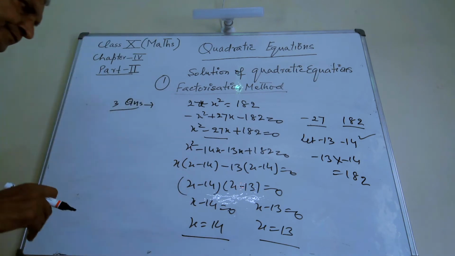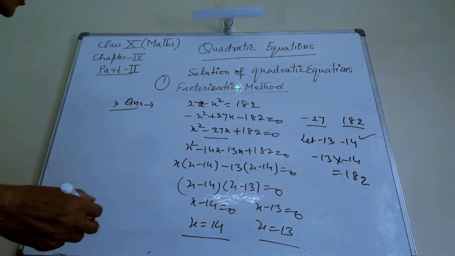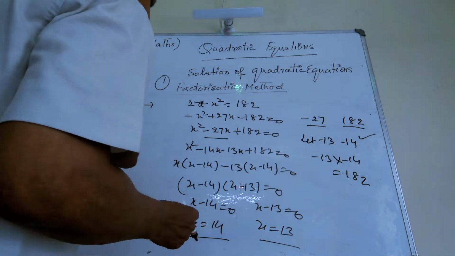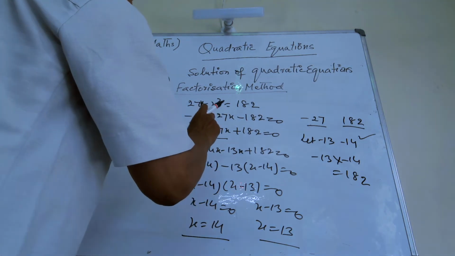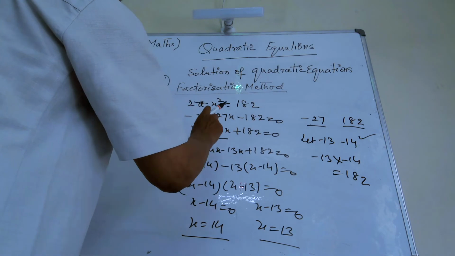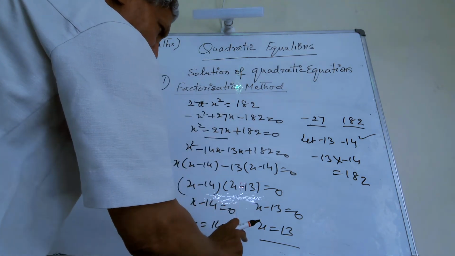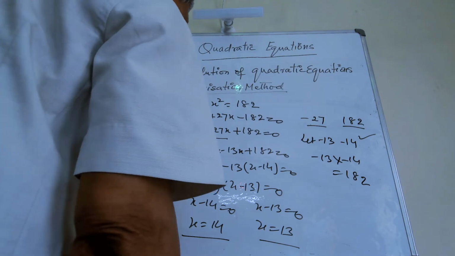Now, the numbers are 13 and 14. So x minus 14 is 0 and x minus 13 is equal to 0.